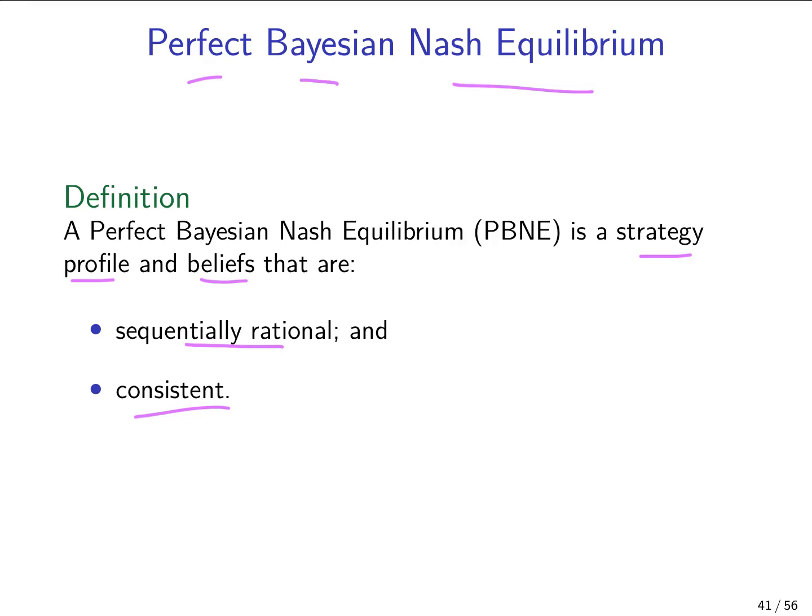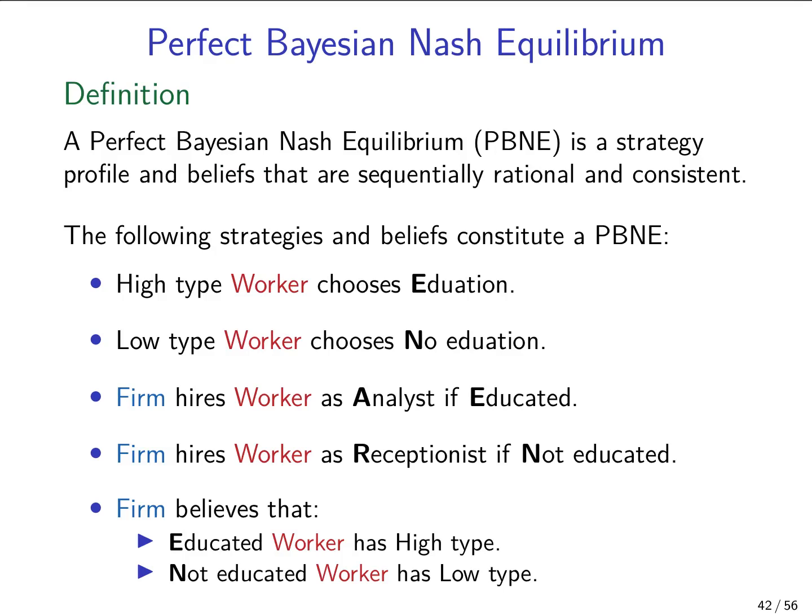What does that mean? Well, let's go through it in our example. So that's the definition of a perfect Bayesian Nash equilibrium. We need them to be sequentially rational and consistent. And here is the strategy and belief that constitute a perfect Bayesian Nash equilibrium.